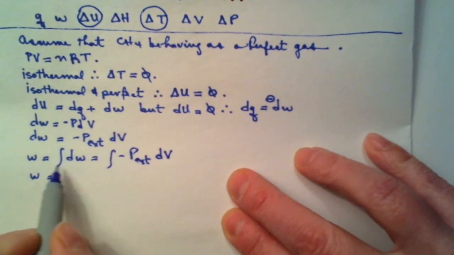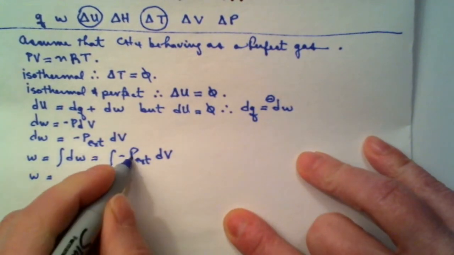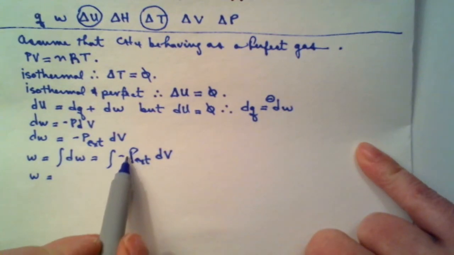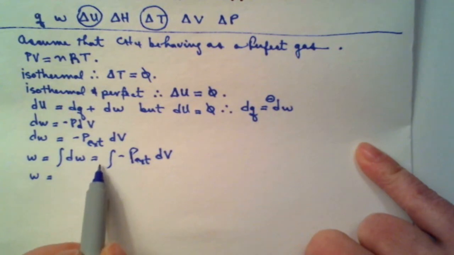And so work, because that's what that is going to equal, let's skip a step here, or at least do it out loud. This is a constant external pressure, so it's coming out in front of the integral sign.